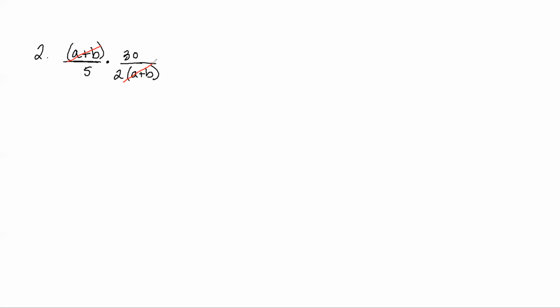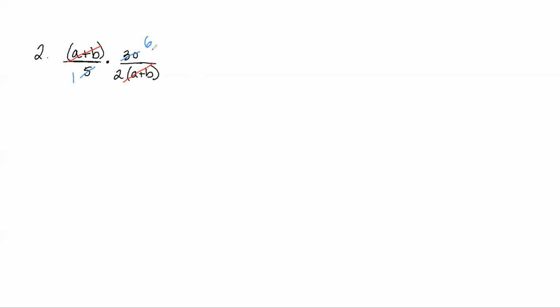And now if we reduce the numbers, 5 and 30 can be reduced, or you could reduce the 2 and the 30. Doesn't actually matter which one you do because we're going to have to reduce twice either way. I'll do the 5 and the 30 because the 5's a little bit bigger, so it'll make it smaller. So 5 goes into 5 one time, 5 goes into 30 6 times.